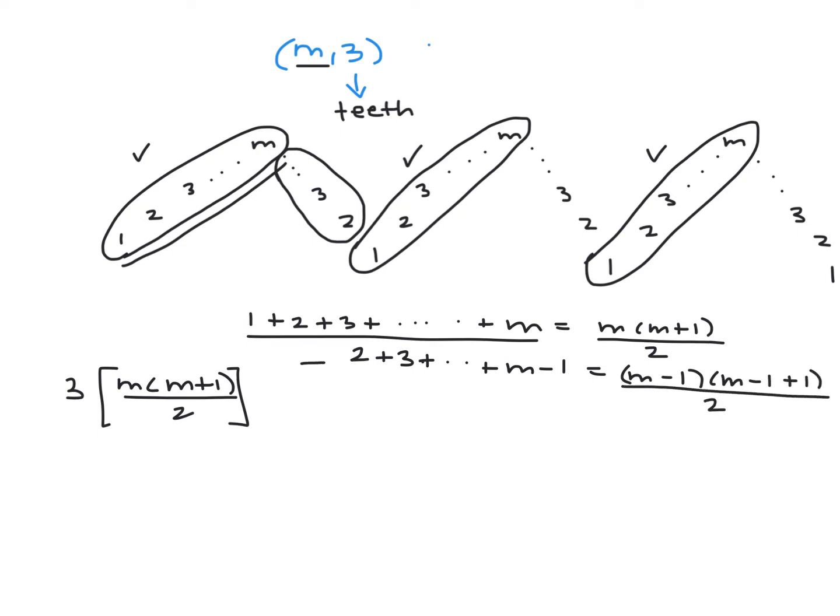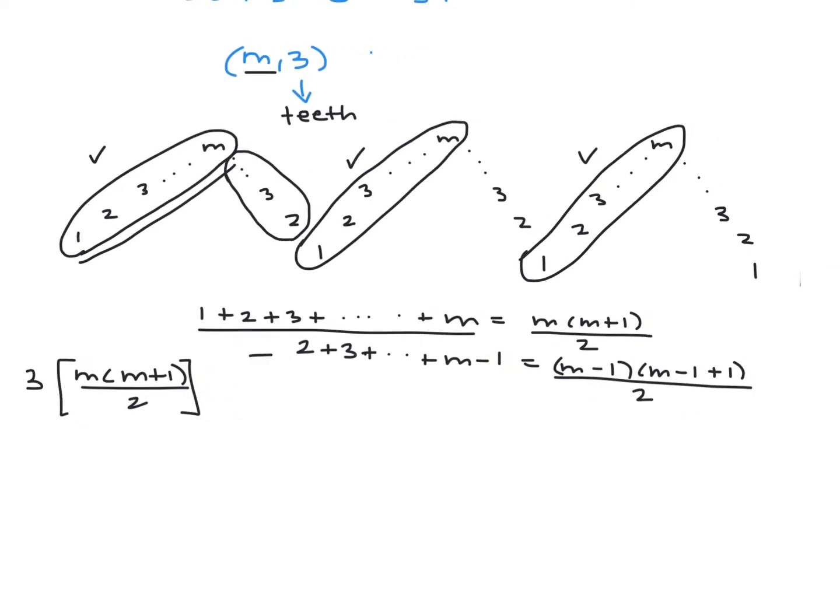But there's no 1 here, so I've got to subtract a 1 from that. Does that make sense? Hopefully. And then there's 2 of them, there's this one also. So I've got to put 2 of these. So M minus 1 times M, because this becomes M, all over 2 minus 1.